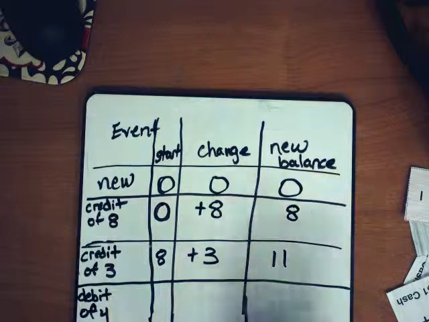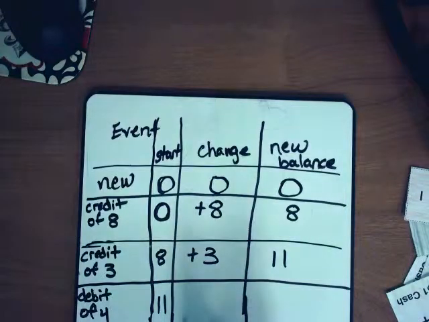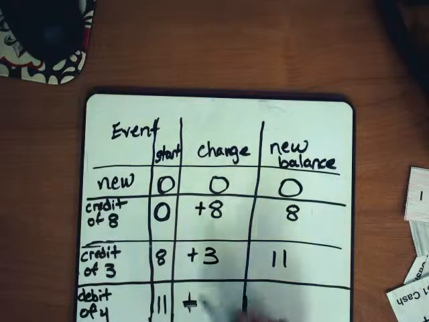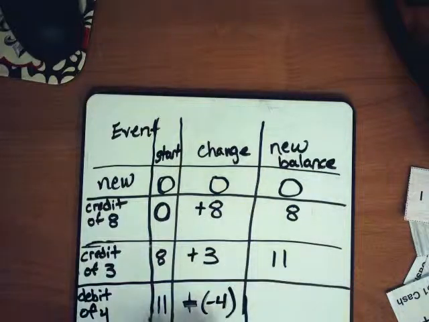Okay. We started with $11. A debit of 4. Debit is a subtraction. When we think about subtraction, it's the same thing as adding an opposite. Instead of subtracting 4, we're going to add a negative 4. Okay? So we have different signs.